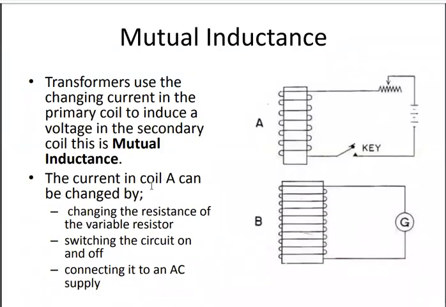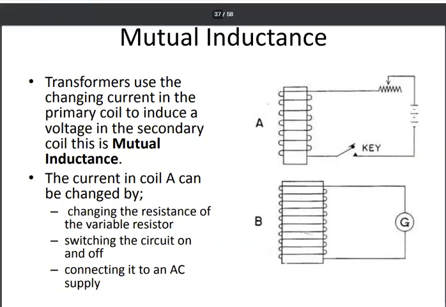So the current in coil A can be changed. You see here, this is coil A and this is coil B. Both coils are placed coaxially. Whenever there is current in this coil, magnetic field lines coming out of this coil will enter into this coil, and hence flux will change.